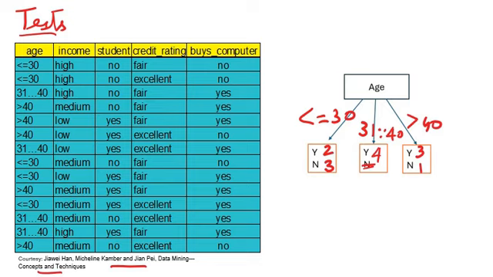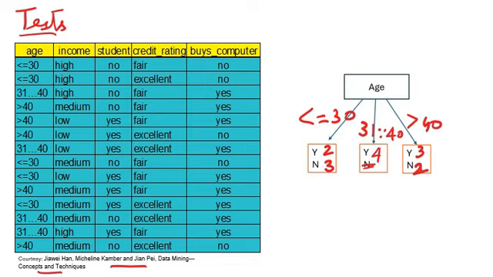Okay, so let's just check once more. For greater than 40 we have 3 yeses, and we just realized there are 2 no's in this category.